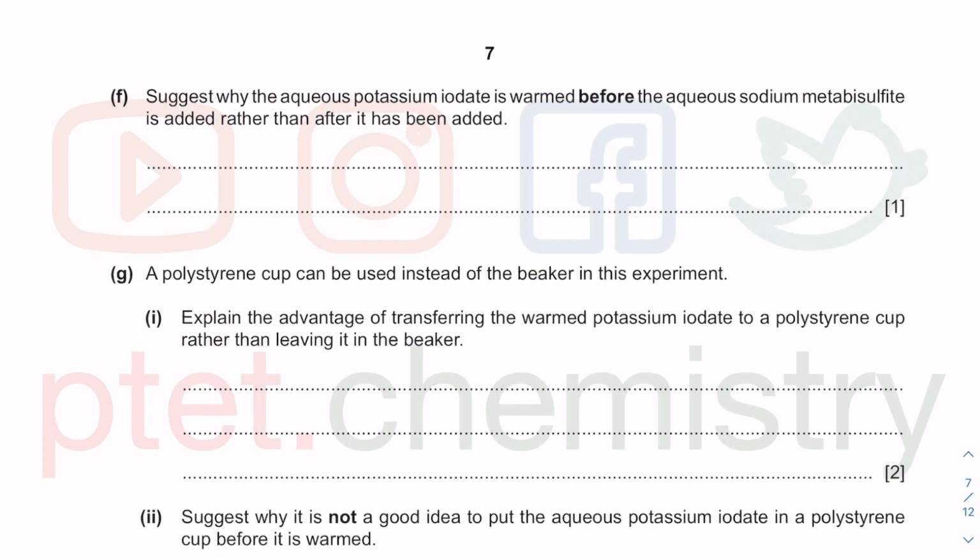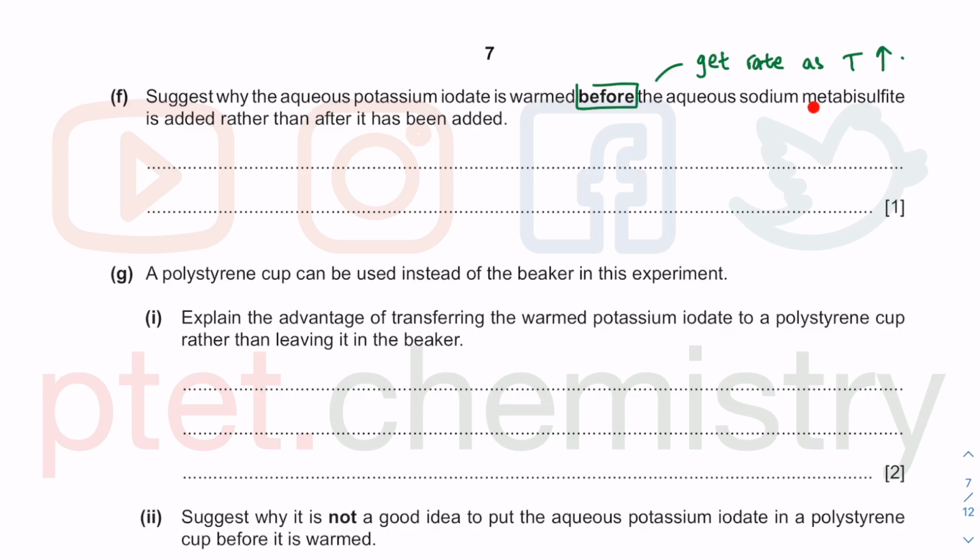Now suggest why the aqueous potassium iodide is warm before you add it rather than after you have added, because we're trying to get the rate as temperature changes in the experiment, right? So after you have added in the other substance, then temperature might have changed depending on whether the reaction is endothermic or exothermic.